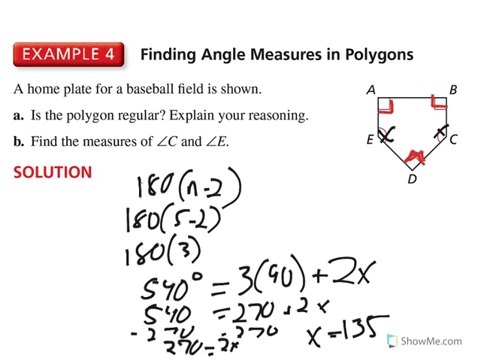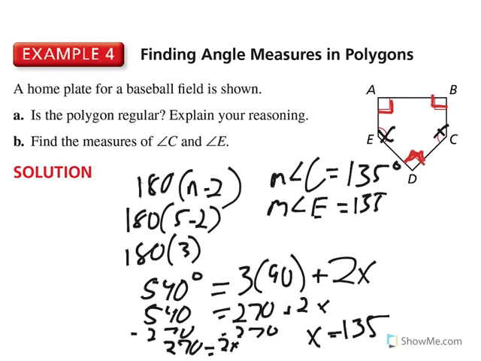And so it asks, is the polygon regular? Explain your reasoning. The reasoning would be, it's going to be no, because our angles are not all the same size, so there's no way that it can be regular. It asks for the measure of angles C and D. I found what those measures were, so the measure of angle C would equal 135, and the measure of angle D would equal 135.